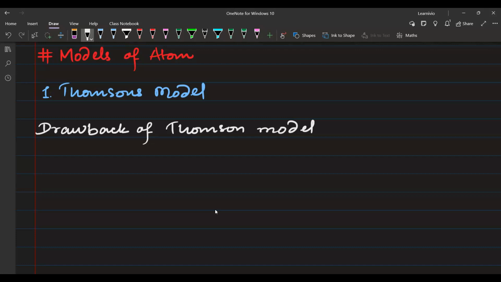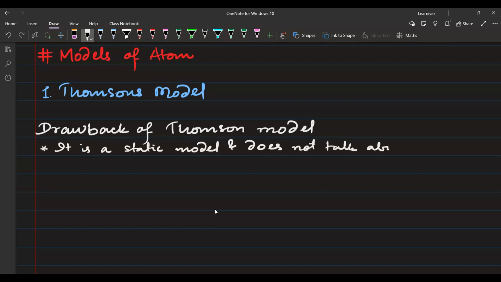Basically, यहाँ पे क्या है? There are few drawbacks. Number one is it is a static model and does not talk about motion of electron in an atom. That is one of the drawbacks.